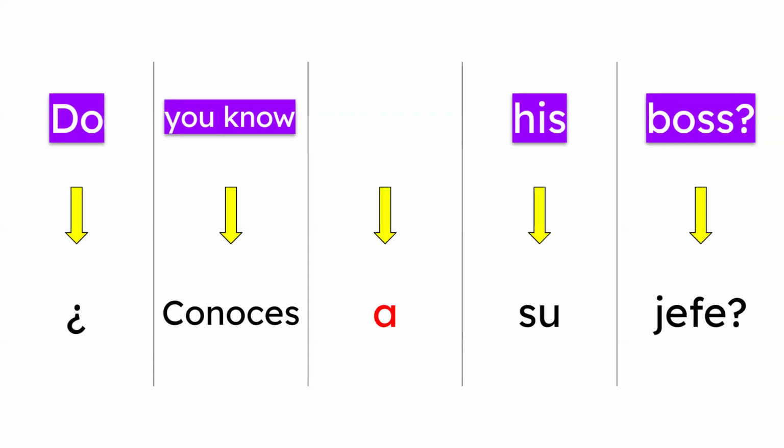Okay, so if you were to say, can you see his boss? That would be ves a su jefe. Do you visit his boss? Visitas a su jefe. Okay, we add a all the time. That's a rule. ¿Conoces a su jefe? If you were to say, ¿conoces su jefe? That sounds wrong.